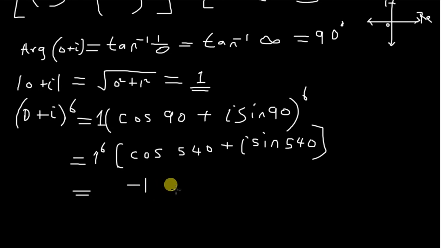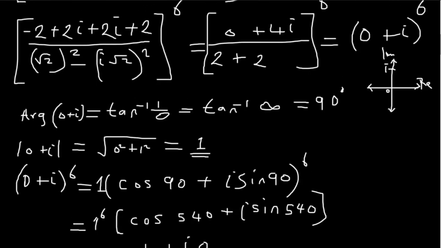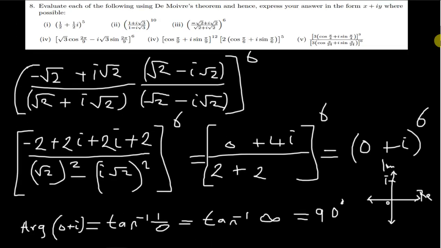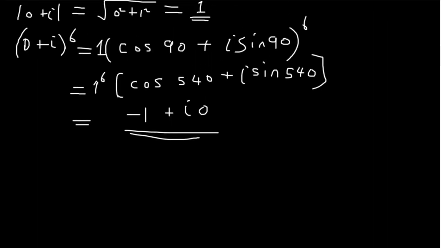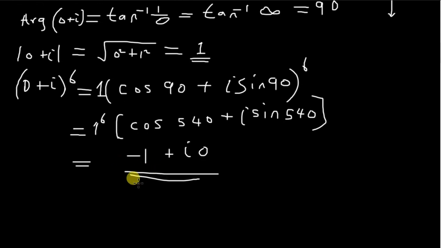This will give you negative 1, and then sin 540 is a 0. So when you add negative 1 plus i0, this is actually your final answer, since they wanted you to leave it in the form x plus iy. So this is your complex number which they wanted.